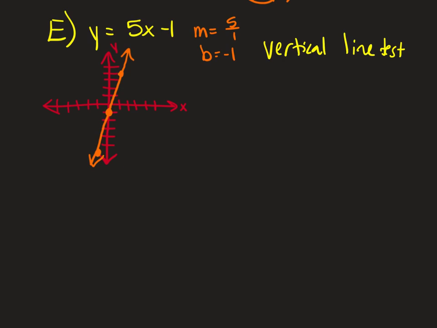Actually, if I drew a vertical line here, I don't see it cross a point, but it eventually would. But it doesn't have to cross a point. It just doesn't need to cross more than one point. So that would also be okay. So using the vertical line test, yes, this is a function.